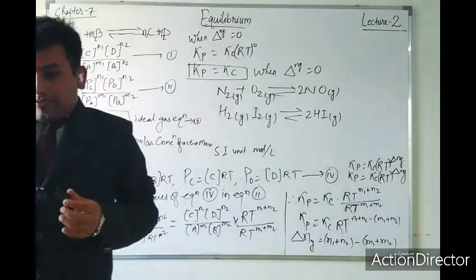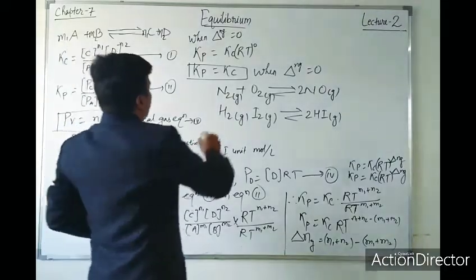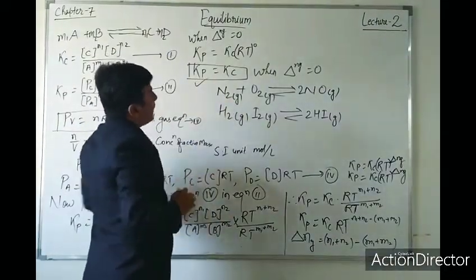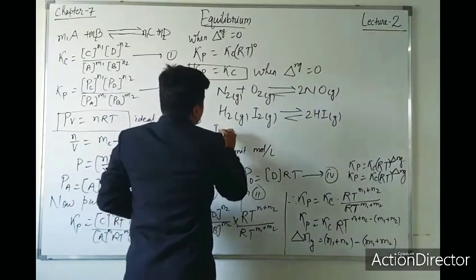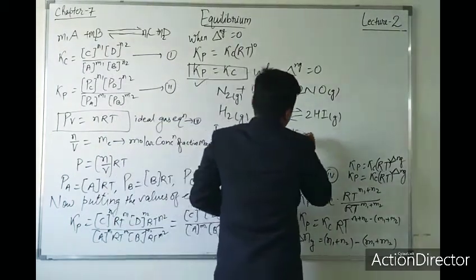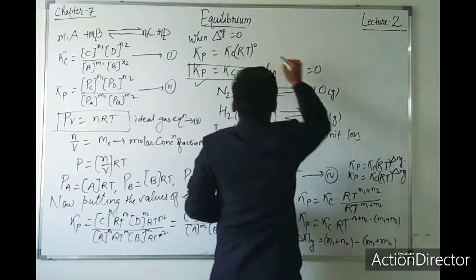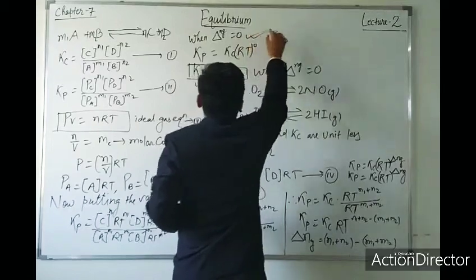So here Kp and Kc are unitless in this case. If anybody asks you the unit of Kp and Kc, in this case they are unitless, because the delta Ng value is 0.